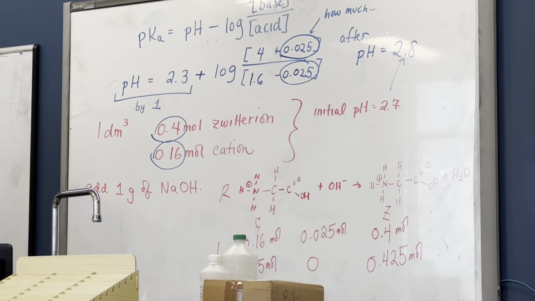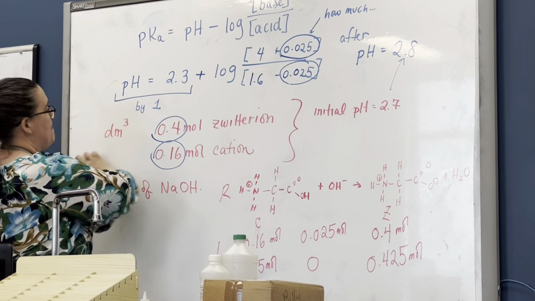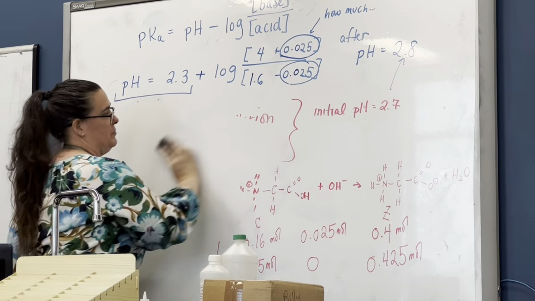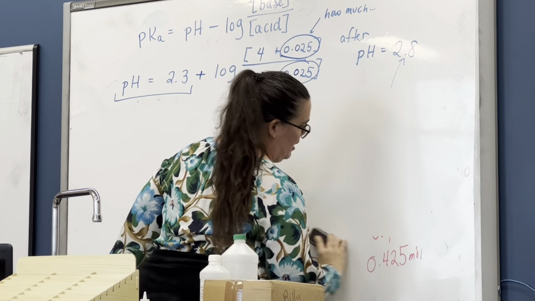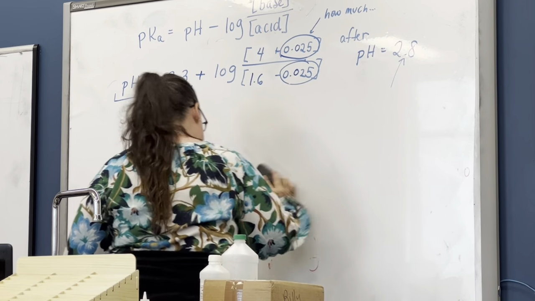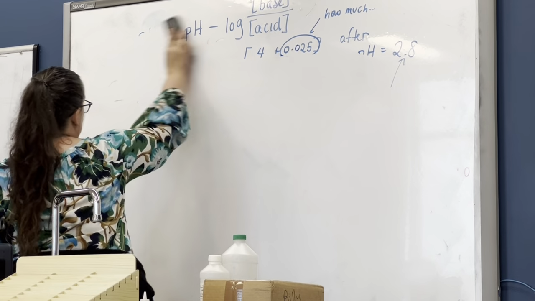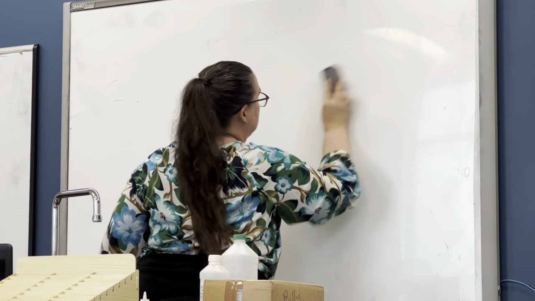So we're still going to talk about glycine. Shame I erased it. Glycine still has 2 pKa's. The first one's at 2.3, the second one's at 9.1.